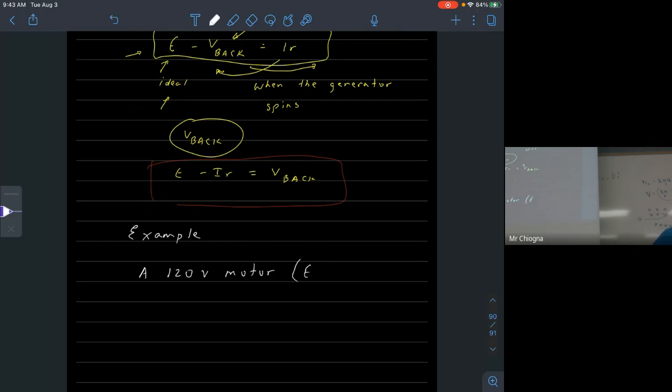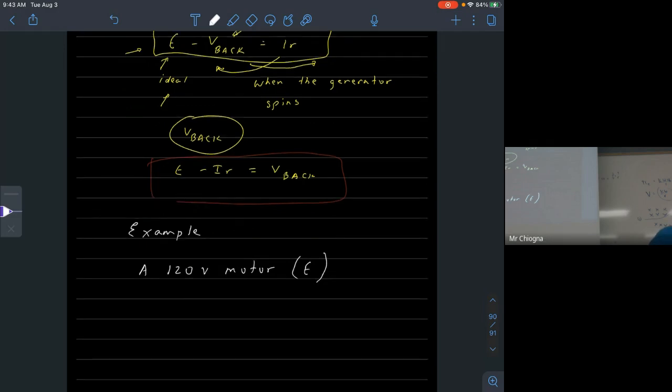That's your E. Draws 10 amps when it reaches full operating speed.